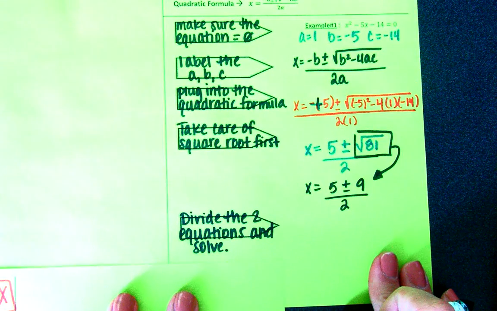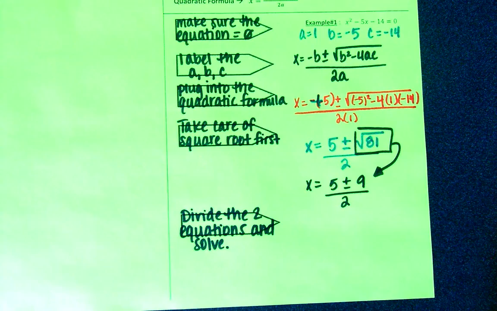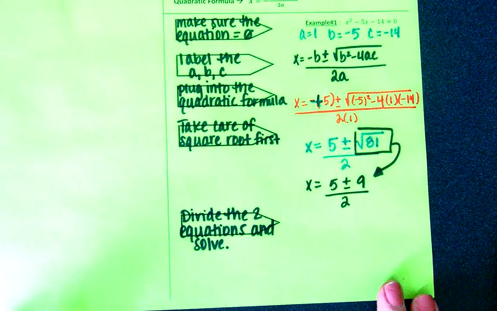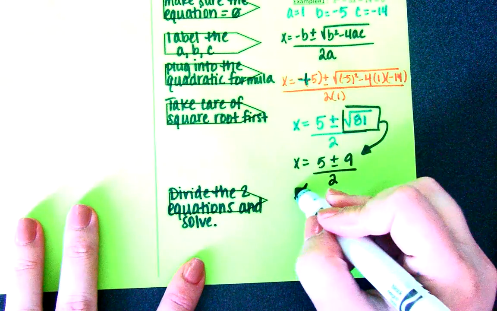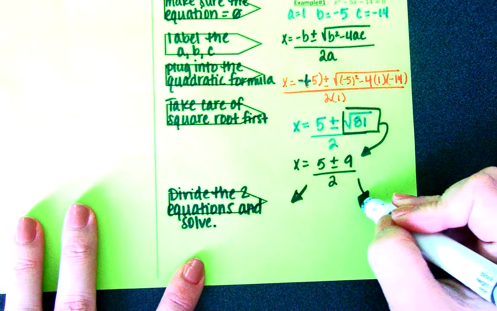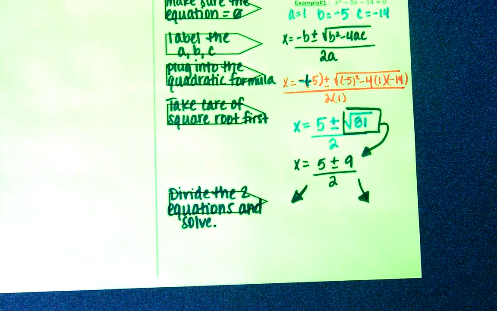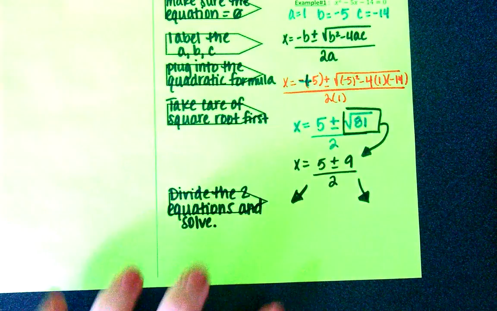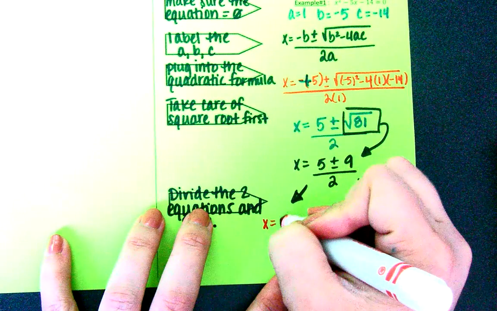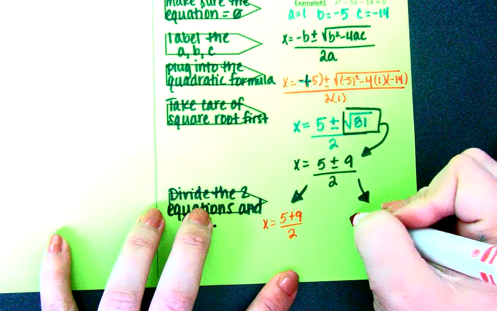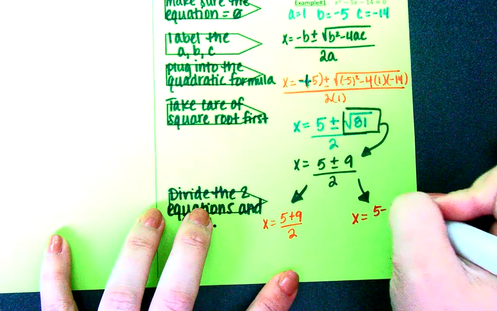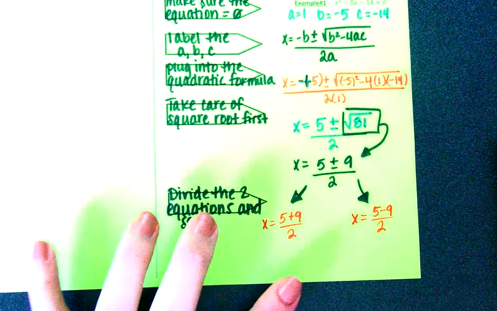Your last step is to divide the two equations and solve. So this is where that plus and minus sign happens. You take the two parts and you're going to separate them. So one would be x equals 5 plus 9 divided by 2, and one is x equals 5 minus 9 divided by 2.